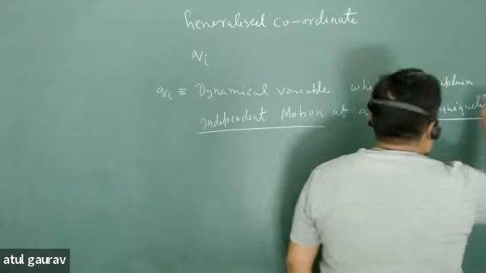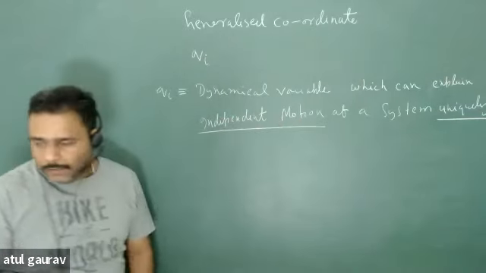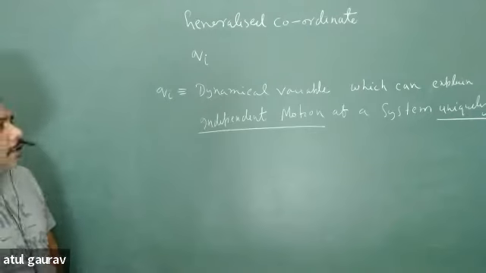Which type of motion? Independent motion. It should explain the independent motion of a system uniquely. So this is all about generalized coordinate.